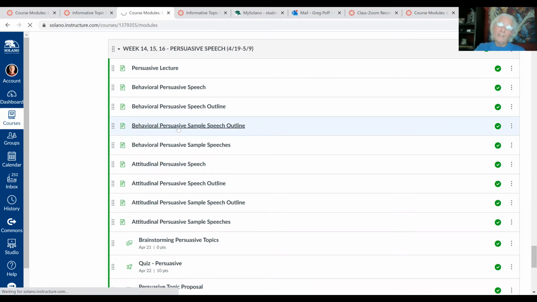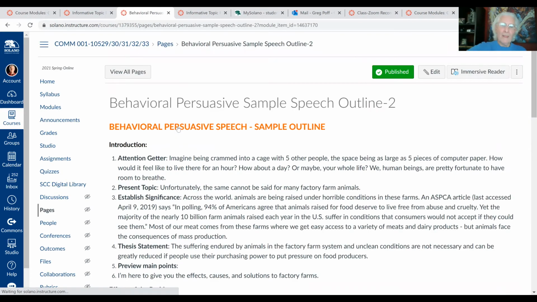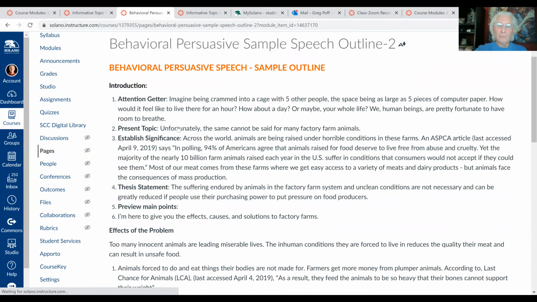So if we look, this is the sample outline for the behavioral persuasive speech. And kind of the nice thing about the behavioral persuasive speech, your main points are already assigned. So if your goal in the speech is to convince the audience that they need to take some kind of action to solve a problem, right?